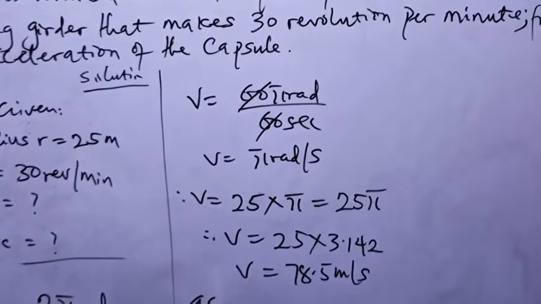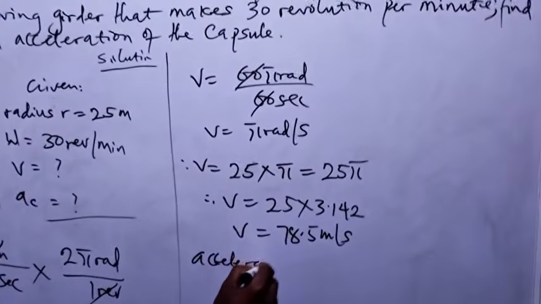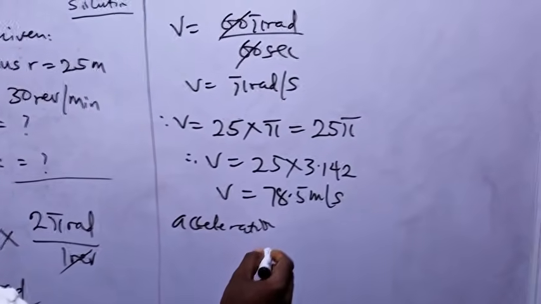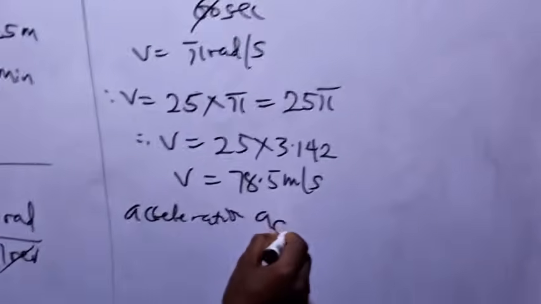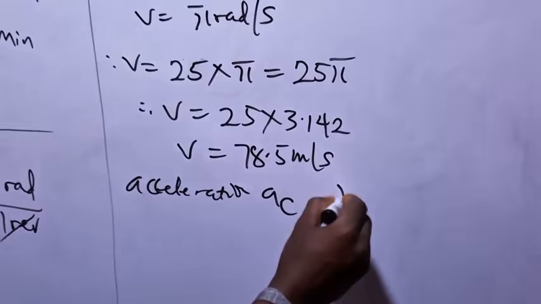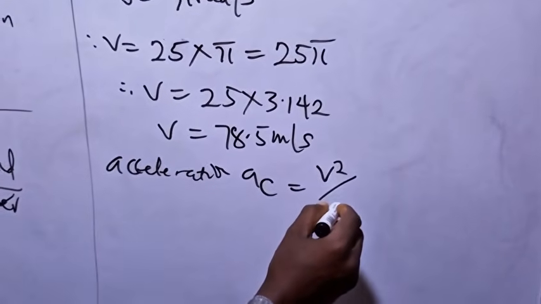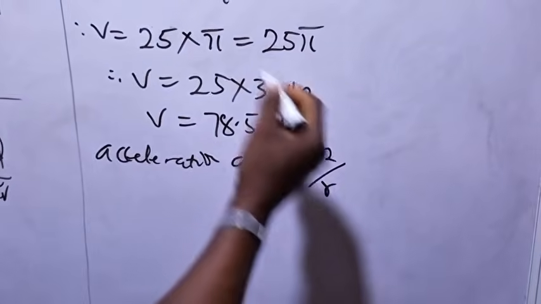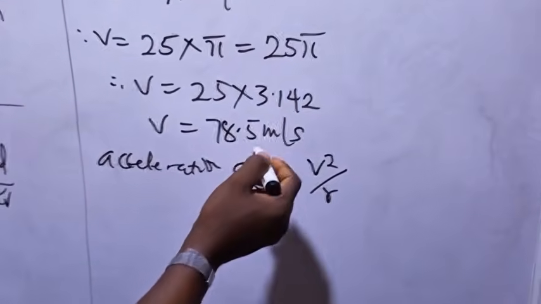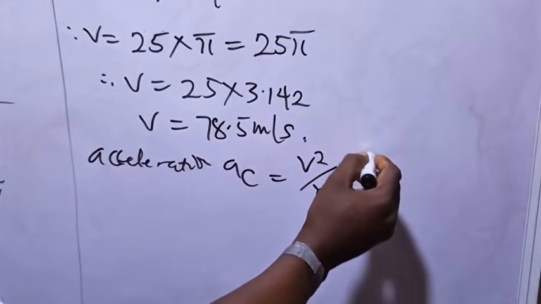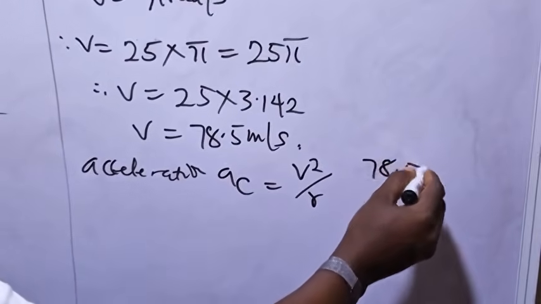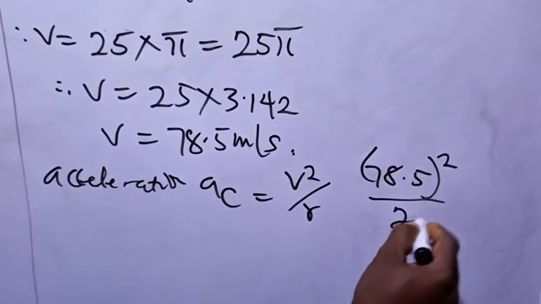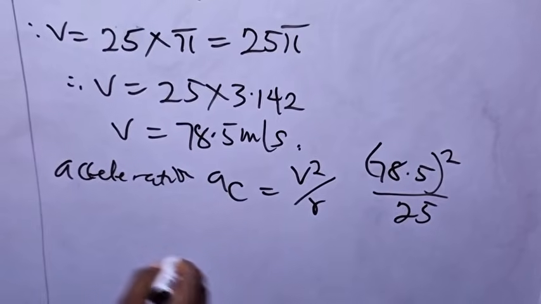But then we also have to look for acceleration. Now acceleration, that's centrifugal acceleration, AC, is equal to velocity squared over radius. Now velocity squared as given from this is 78.5 squared over the radius here, which is 25.